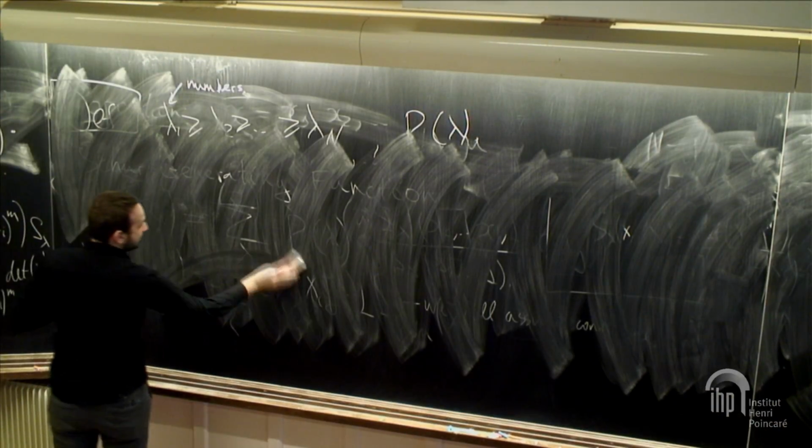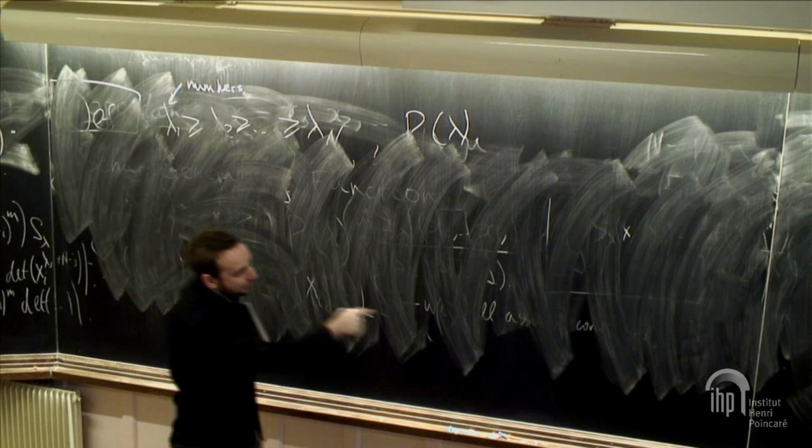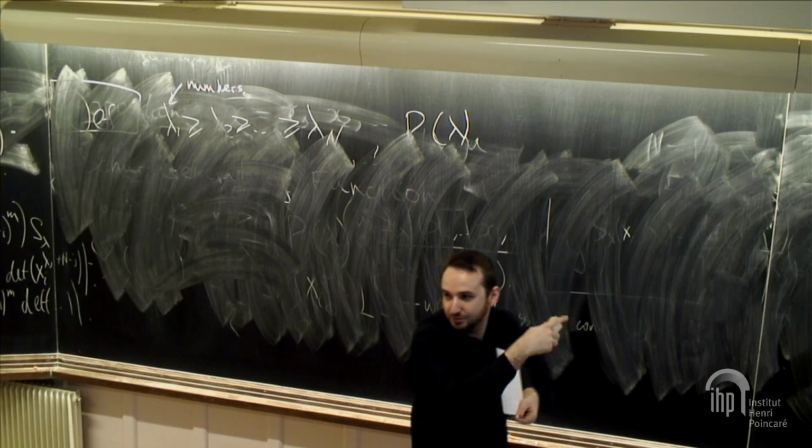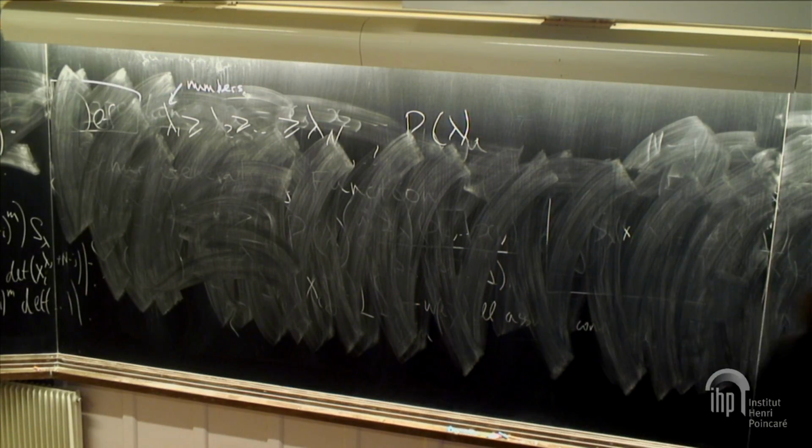The only thing that you actually need to know is what I told you, that I always silently assume that everything is convergent in a neighborhood. And this is actually important here, because if it's not convergent in the neighborhood, then it's not even clear what's written here. If it's convergent only on the unit circle, then what does it mean to take the derivative with respect to the first variable?